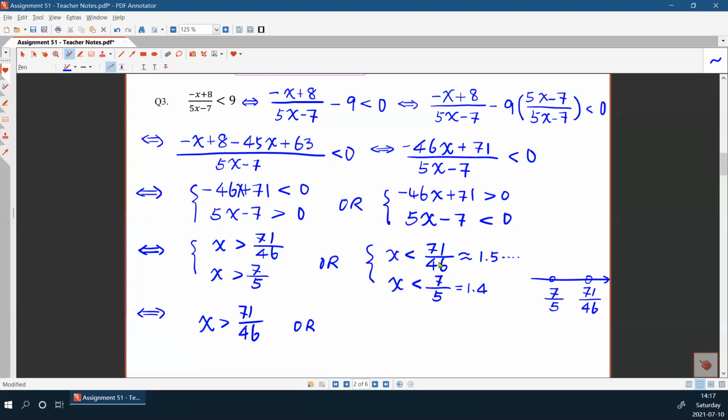Or the second branch tells us x should be smaller than both of the two numbers. And the combined result, the overlapped area, is of course x should be smaller than the smaller number, which is 7 over 5, right? Okay, so this is our final solution to this question.